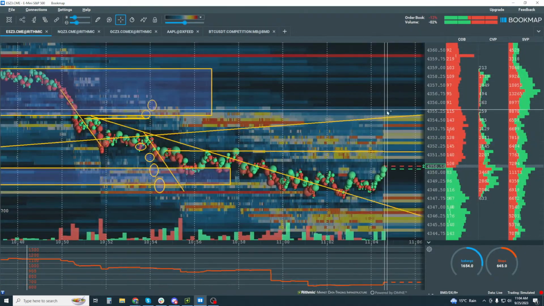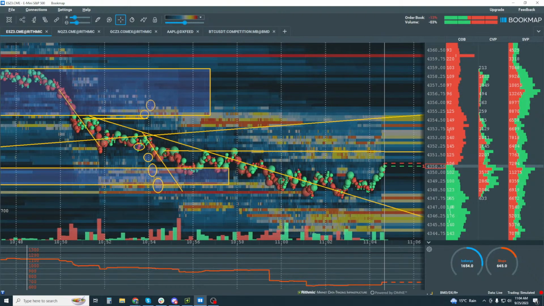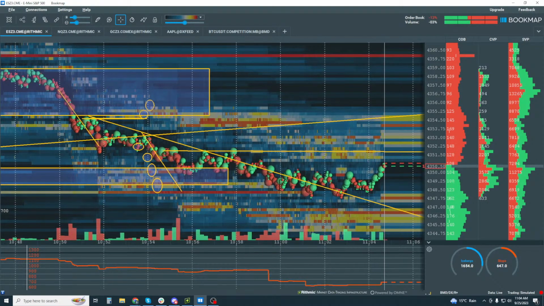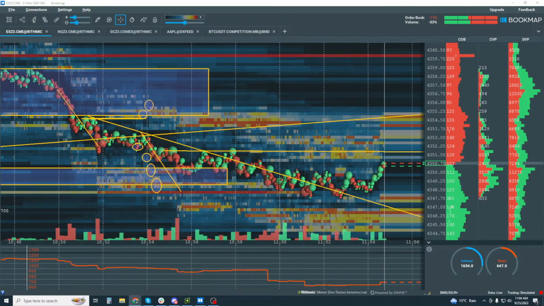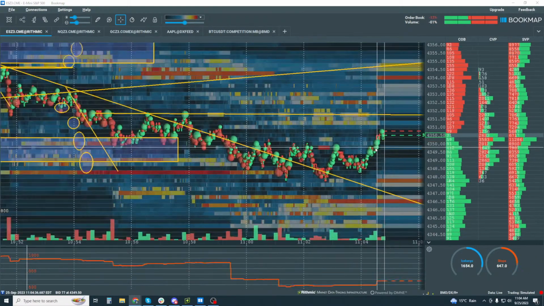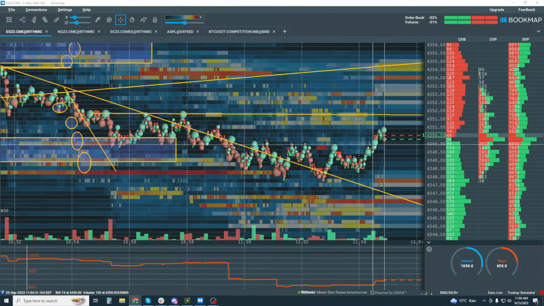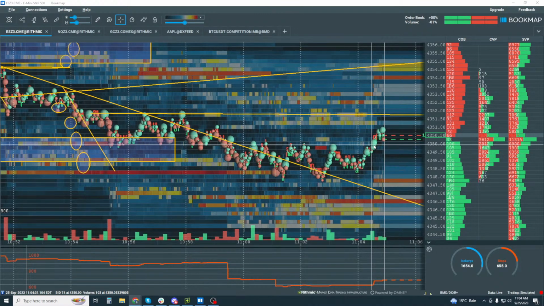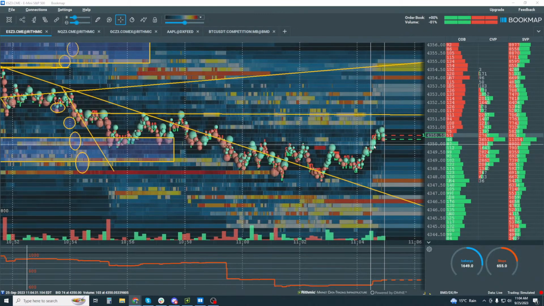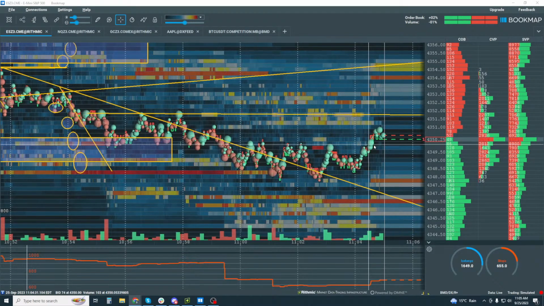All right, so anyway, I think that's a good path, Deborah. I keep using Deborah as an example, but to keep it really simple, mark up your charts. And if you're marking up your charts, you might as well go for the Bookmap Academy, because that's what you're going to be doing anyway.